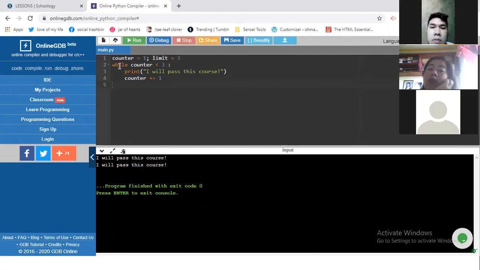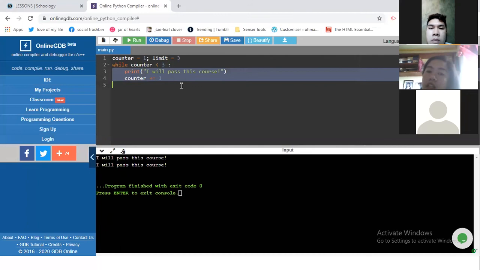So, again, sa while, how do you use your while? The while keyword, and then the condition, and then colon to open or to start yung block natin. And then your block should be always indented.